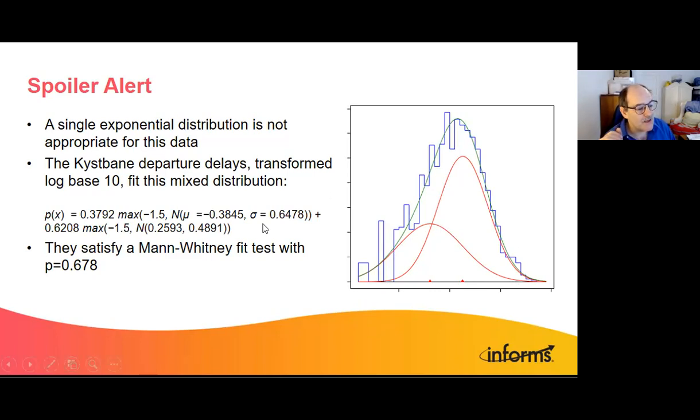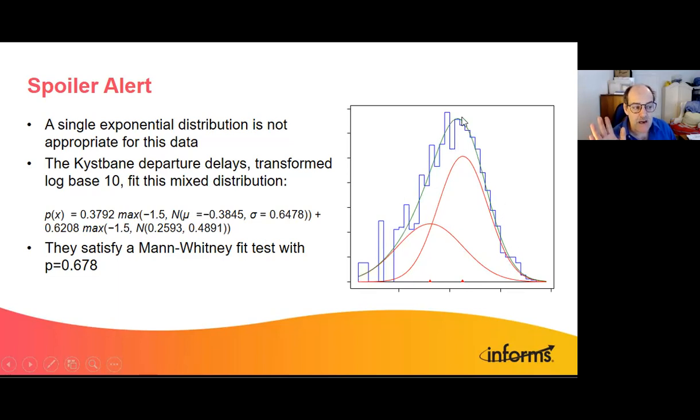This first red line is one exponential distribution that's been transformed log base 10 to a normal distribution. And this second red line is another exponential distribution that's been transformed log base 10 into a normal distribution. The two of them together create this green line. This is the mix of these two distributions.